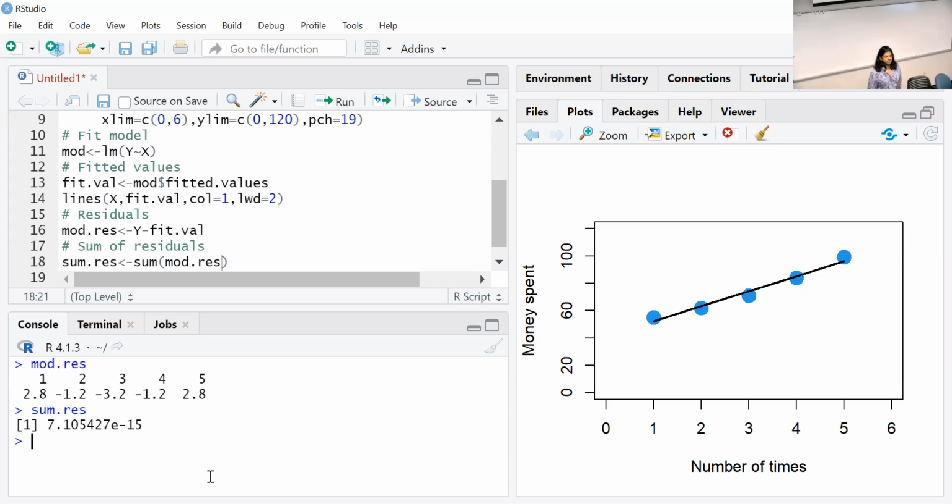That's not 0. Very close to 0. You cannot expect an exactly 0 value in linear regression because we are dealing with random data. So exactly 0 is unrealistic. So we get a value that is extremely close to 0, 7.105 times 10 raised to -15.